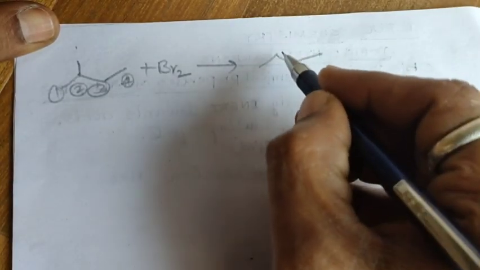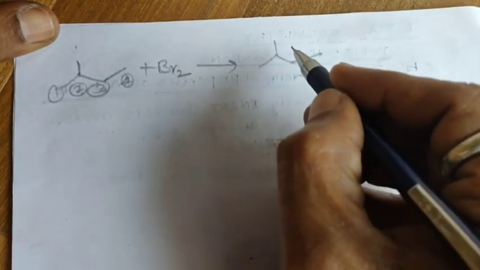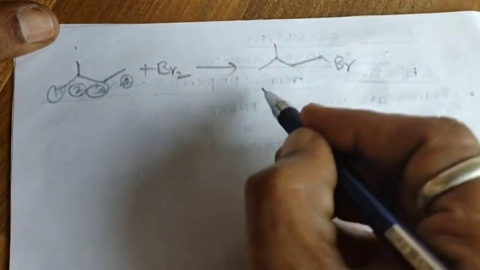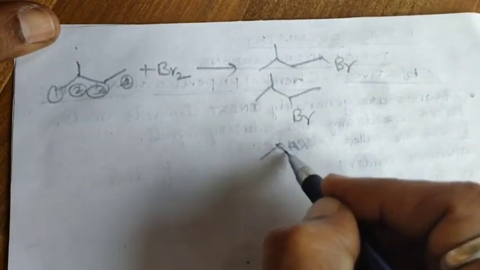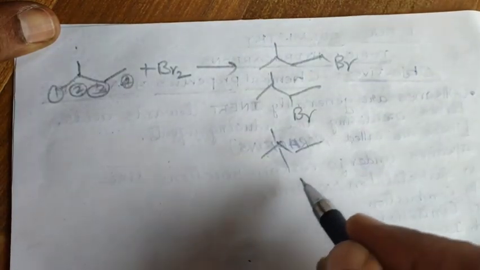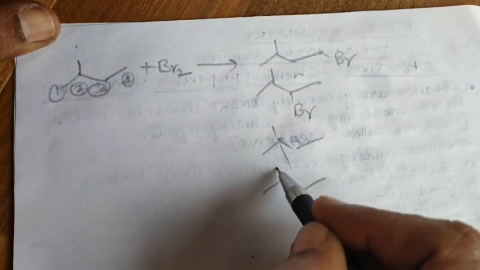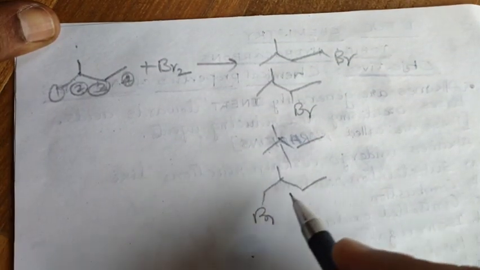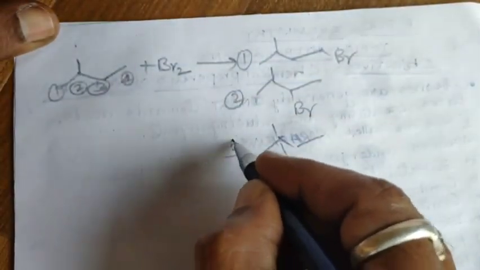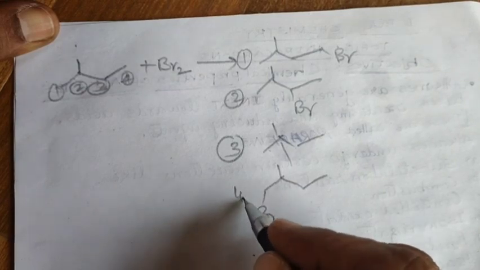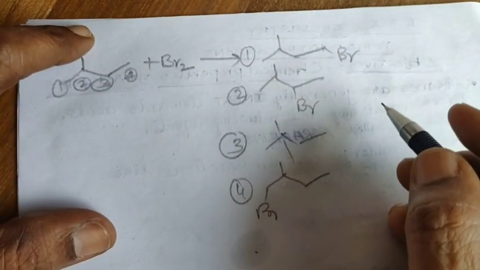As usual, 1-bromo, 2-bromo, 2-bromo-2-methyl, and 1-bromo-2-methyl. These are the products: product 1, product 2, product 3 and product 4. Yes, the reactivity is as usual.